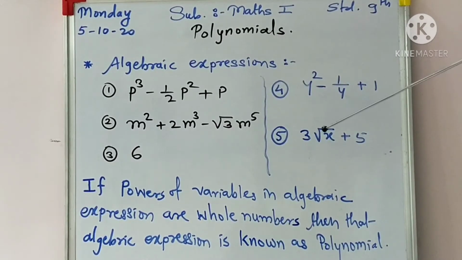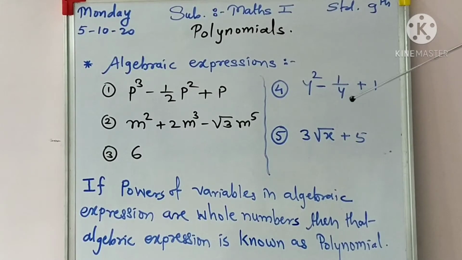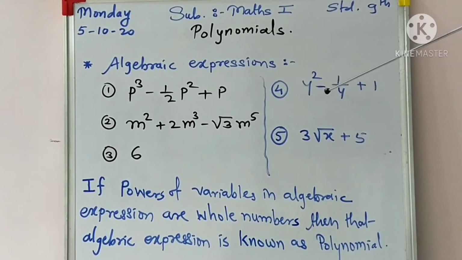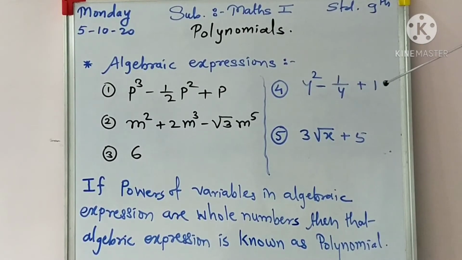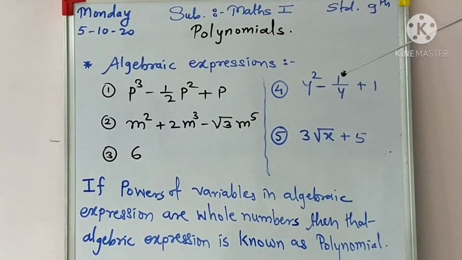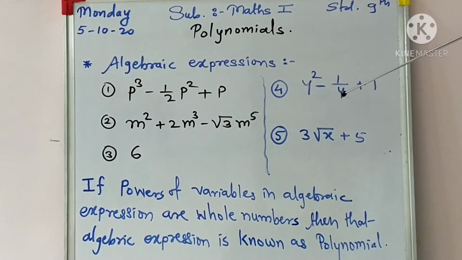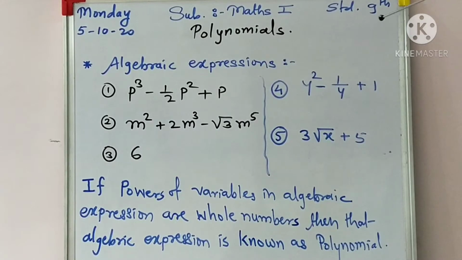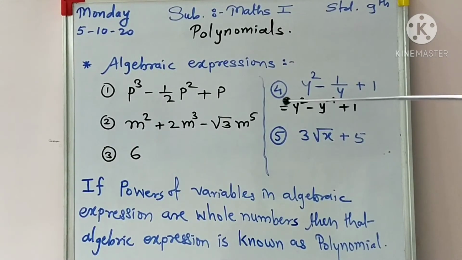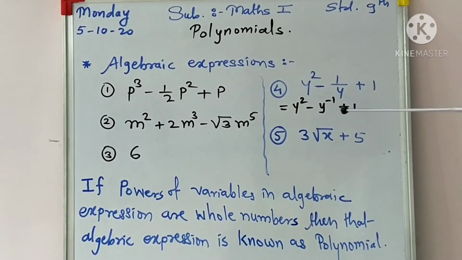Okay, now in the fourth and fifth examples, what do you notice here? Yes, in the fourth example, y square minus 1 upon y plus 1, the middle term is 1 upon y, and as we take y into the numerator, we can write the same expression as y square minus y raised to power minus 1, using the rule of indices, and the last term plus 1.